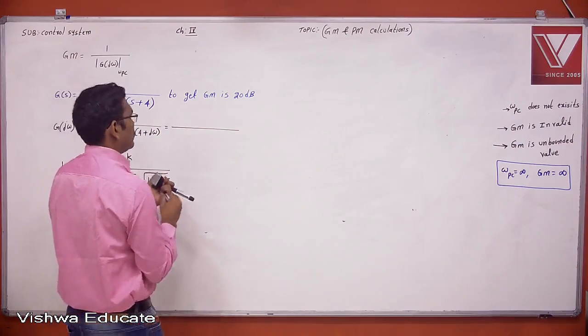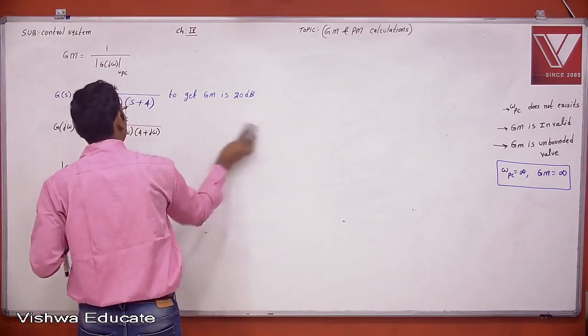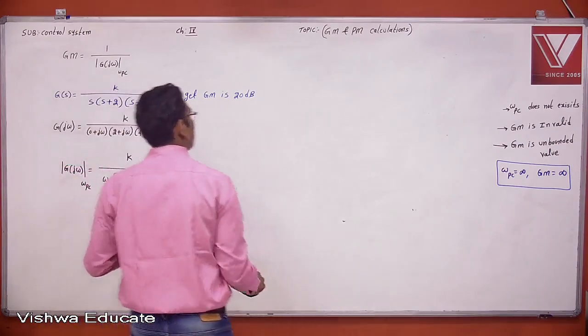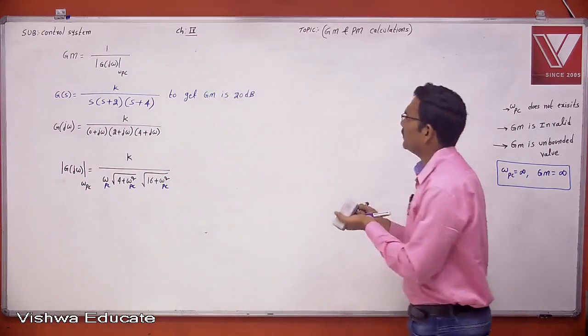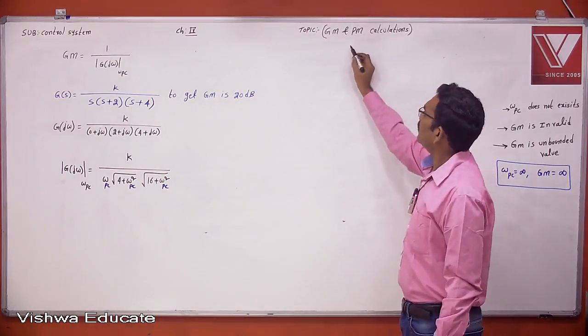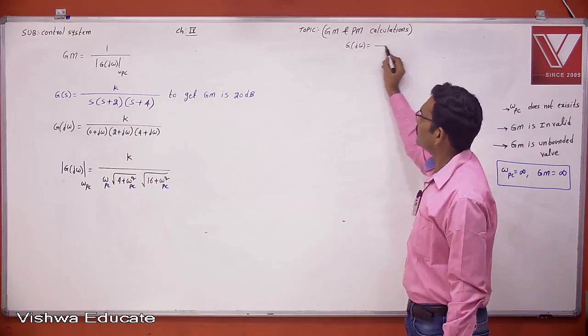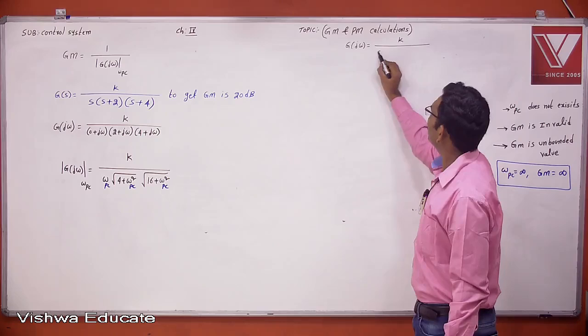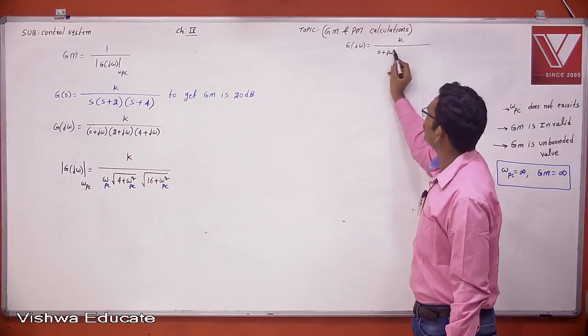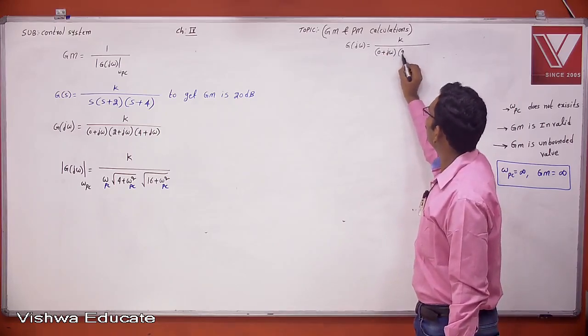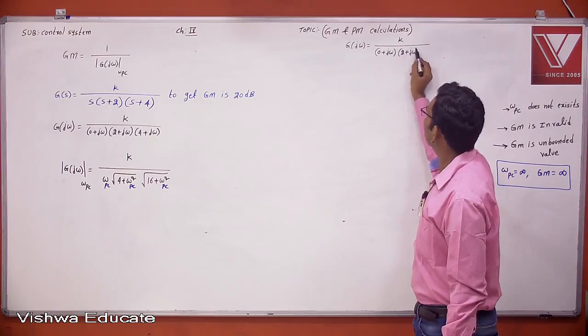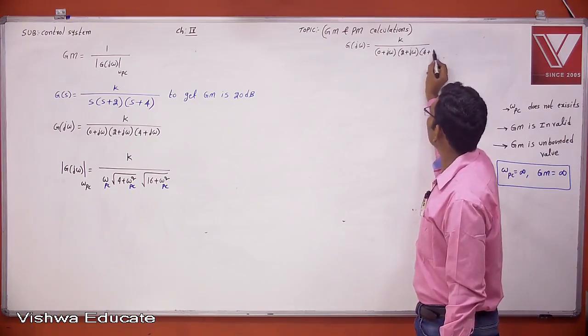What is the phase crossover frequency? Now the phase crossover frequency is the frequency where the phase angle of G of j omega is equal to minus 180 degrees. G of j omega equal to K divided by (0 plus j omega)(2 plus j omega)(4 plus j omega).